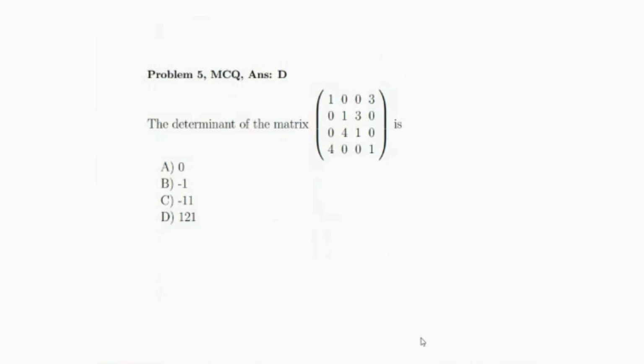You can turn any matrix to a row reduced echelon form, and the determinant of that matrix will be the same as the original matrix. But we don't need a row reduced echelon form here. We just need to reduce this to an upper triangular or lower triangular matrix. Then we can just take the product of the diagonal elements, and that will be the determinant, because row operations or column operations do not change the determinant of a matrix.